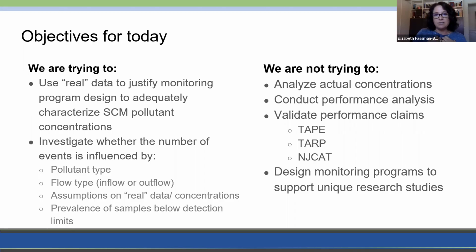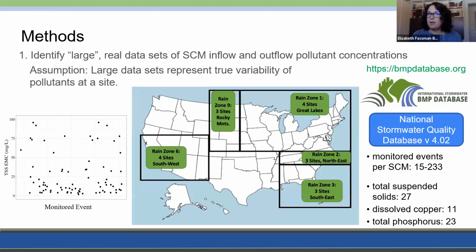We're trying to acknowledge that BMPs are out there and they're performing how they're performing. What is the data set that we need to describe this general performance? As Bridget mentioned, we wanted to start with information that was out there on very large data sets for stormwater control measures, inlet and outlet concentrations over a range of pollutants.